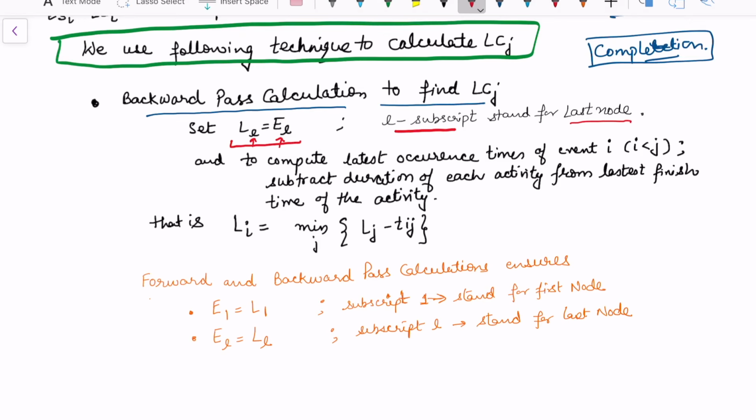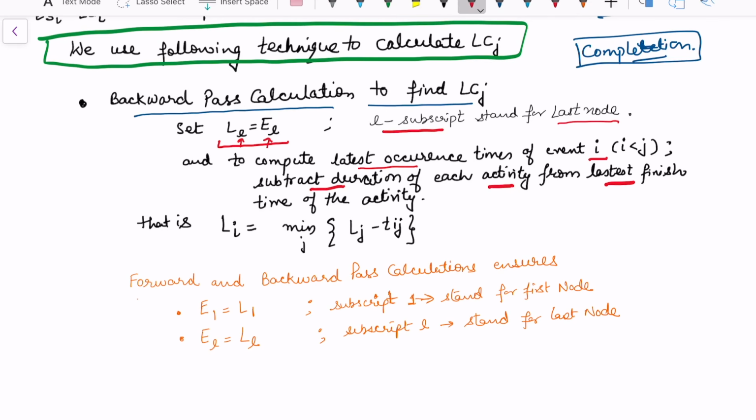So to compute the latest occurrence time of the ith activity, I am going to come back through the project. So subtract the duration of each activity from the latest finishing time of the activity. In the forward pass we have added, in the backward pass I am going to subtract. Say this was your project.